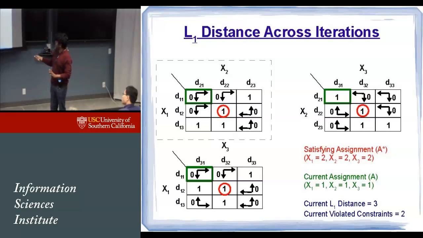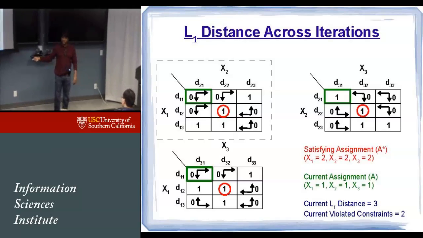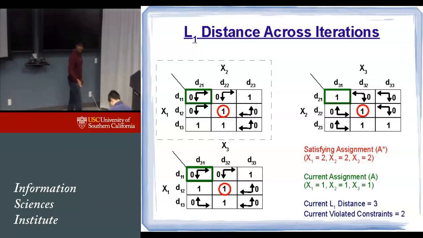All I'm saying is that there is some satisfying assignment A star. I'm giving you an example. When I initially chose my assignment, the L1 distance to the true assignment, which I don't know, is 3 in this example, and the number of violated constraints is 2, as we started the problem.